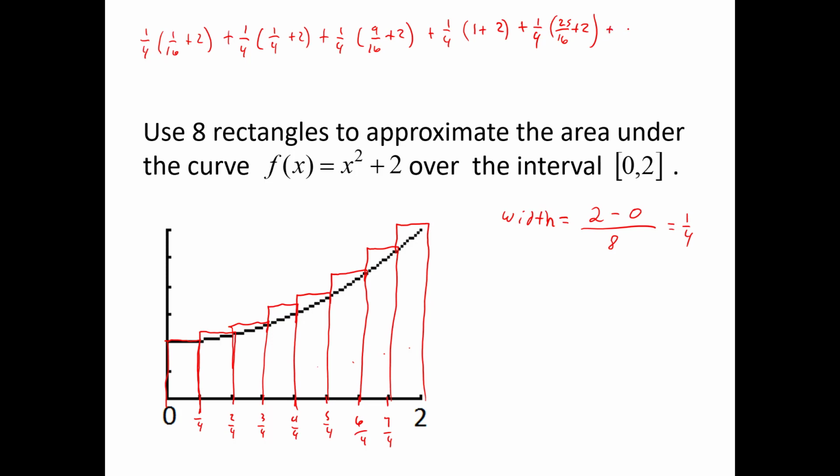And then next one is at 6/4, from 5/4 to 6/4, so the width is a quarter. To get your height, you put in the 6/4, so 3/2 squared, 9/4, plus 2.